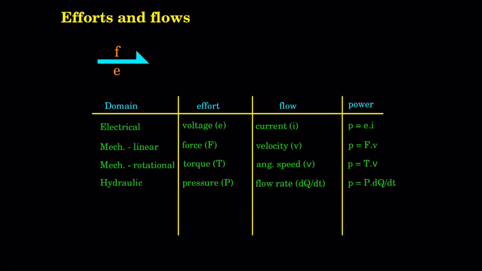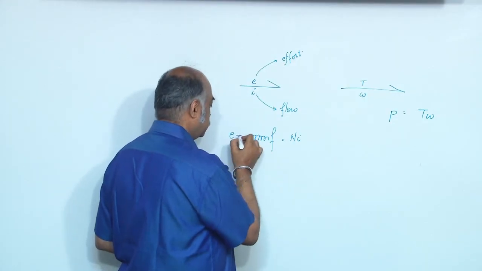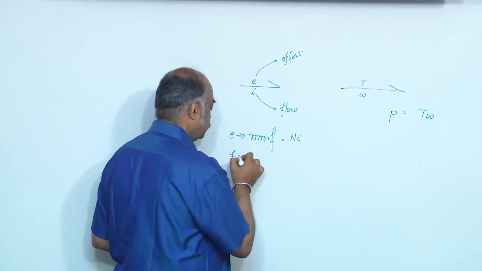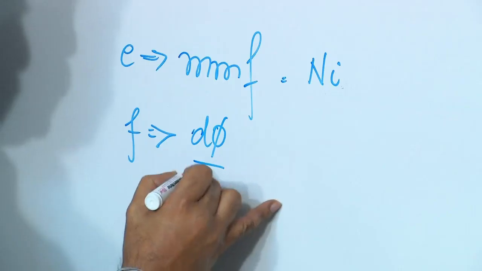Hydraulic, now you could check magnetic. In the magnetic, what is effort? MMF, as we know, MMF or Ni, and the flow is the rate of change of flux.